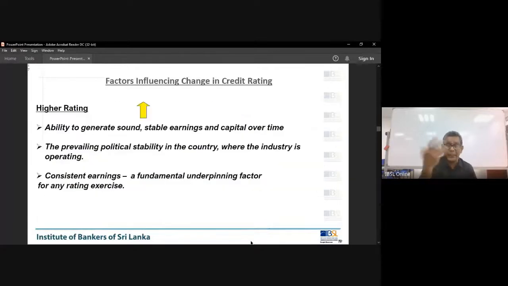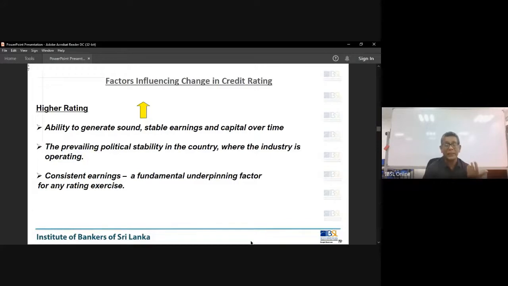They look at the country's ESGs, right? So if you want to get a higher rating, what are the factors influencing the change in the credit rating? Ability to generate sound, stable earnings and capital over time, and prevailing political stability in the country, right? And then consistent earnings.